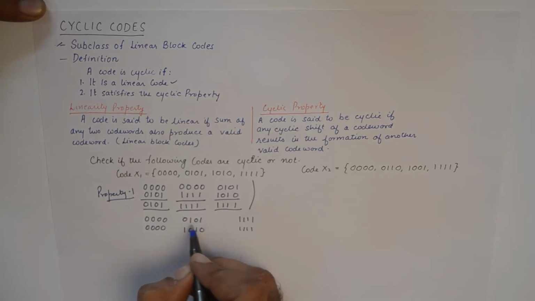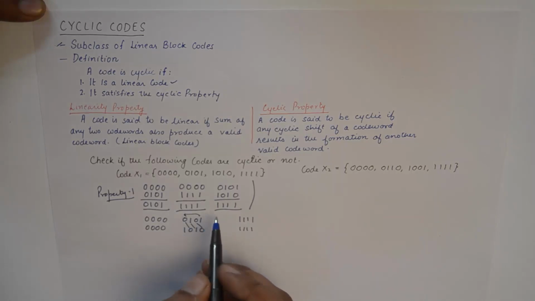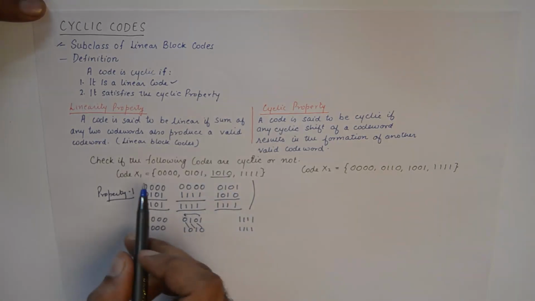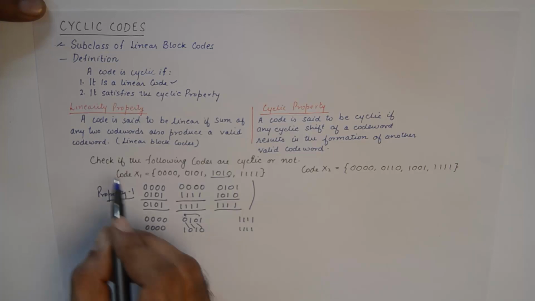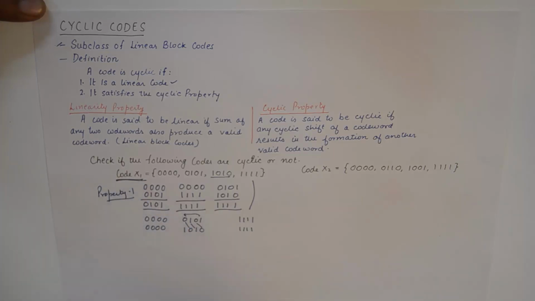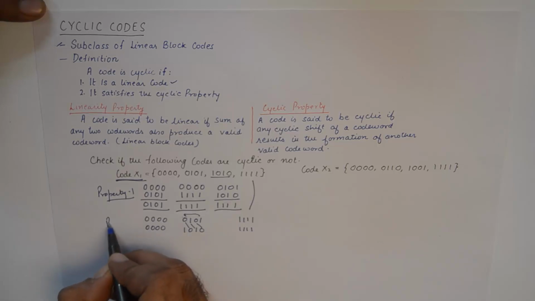I shift this to the right by one position, so this one goes here, and the 0 goes here, 1 goes here, 0 goes here, and this one goes here. So 1010 again is present as a code in this set. So this set of codes is cyclic in nature because it satisfies both the properties.